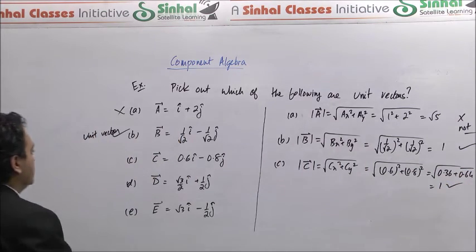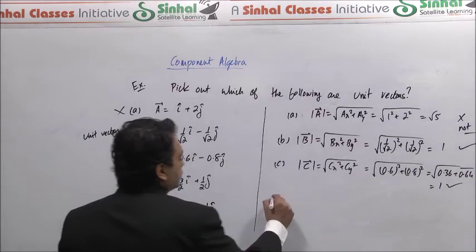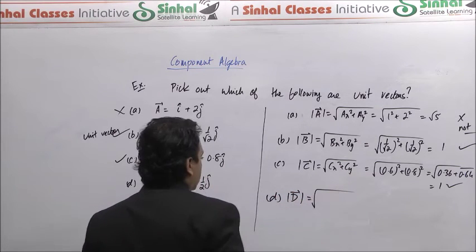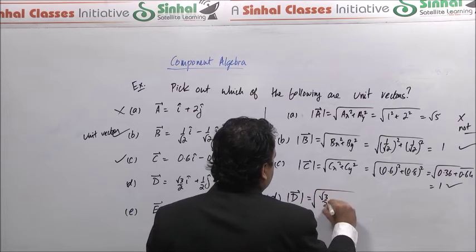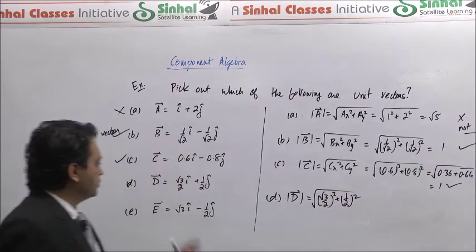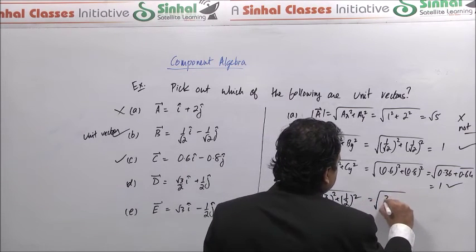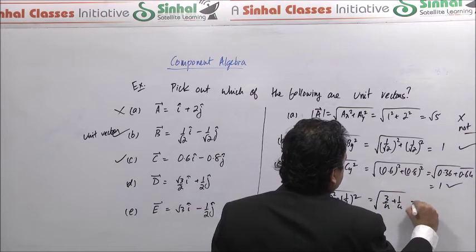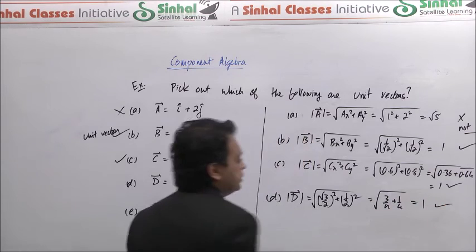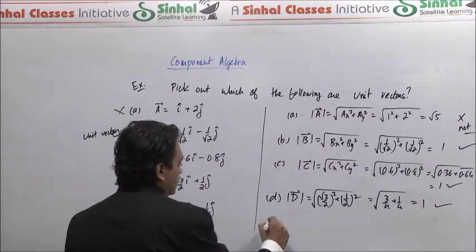So as you can see, C is also a unit vector. Similarly, let's pick up the next one. That again works out to be 1, so D is also a unit vector. And finally, the last one.